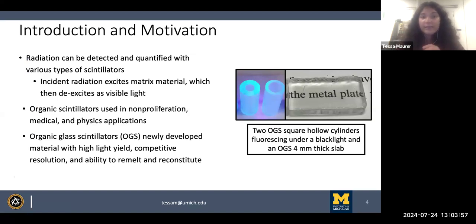Organic scintillators can be used in non-proliferation, as we've seen, but also in medical and high energy physics applications. Organic glass scintillators, or OGS, are a pretty newly developed type of material, and it's exciting because it has high light yield, competitive resolution, and additionally a really cool property: you can remelt it and reconstitute it.